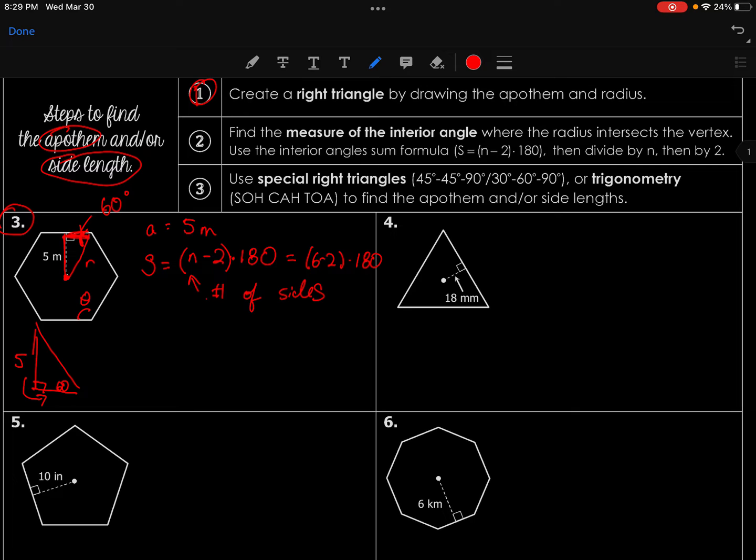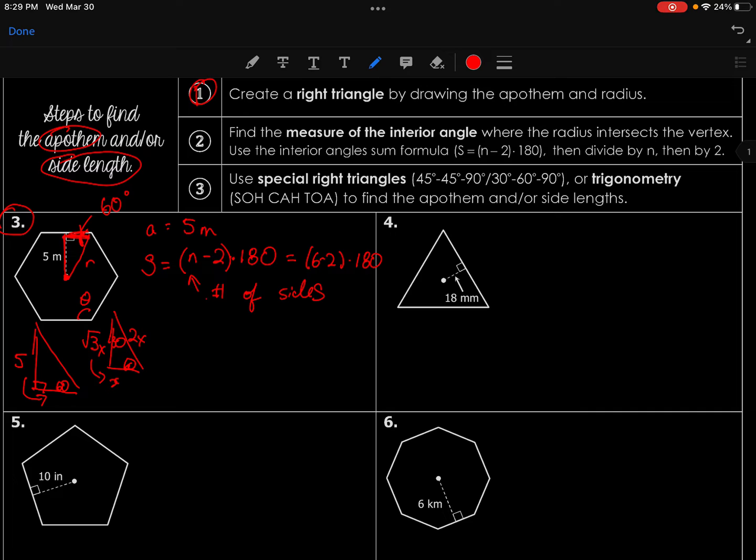Well, in this case, we know the ratio of a 30, 60, 90 triangle is x, x square root 3, 2x. How do you go from this side to this side?